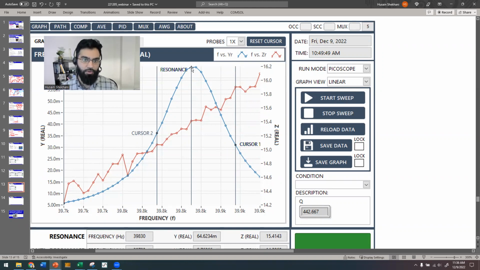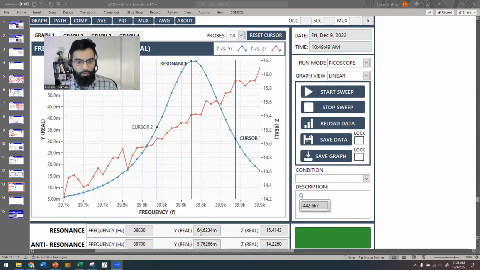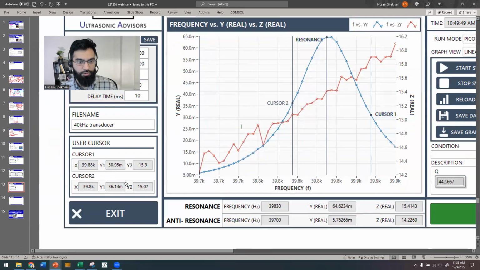Then I go half the magnitude from that, left and right in frequency, so I have cursor 1 and cursor 2. The resonance is at 64 millisiemens, and therefore the half power bandwidth will be at approximately 32. The cursor values I used were 30 and 36. You can do interpolation or use higher frequency resolution. You have options there.